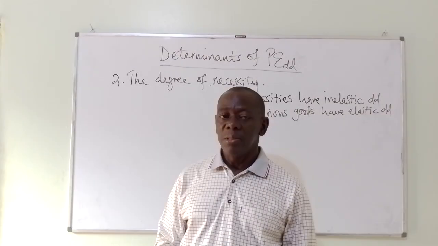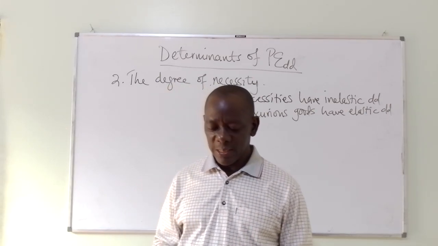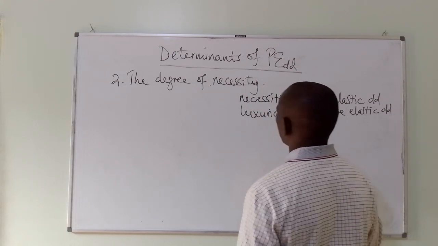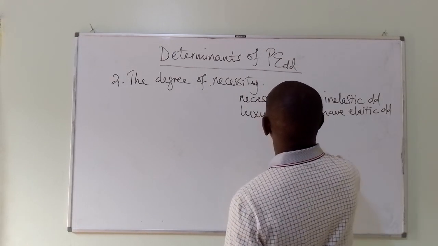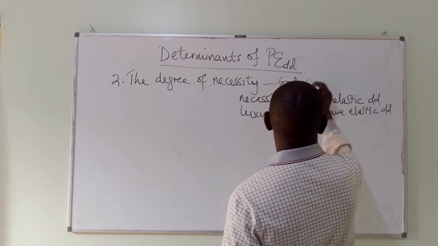Luxurious goods normally have elastic demand. But the necessities, what are the necessities? Necessities like medicine, necessities like food, clothes.